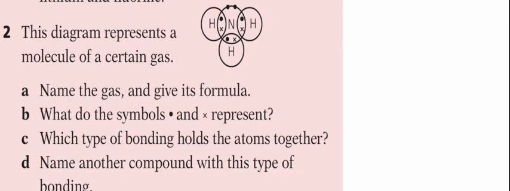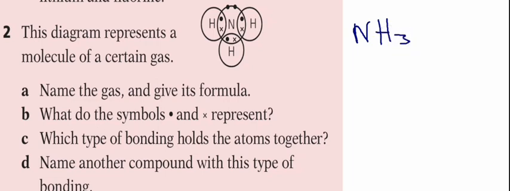The next question says, this diagram represents a molecule of a certain gas. So we have the diagram of this molecule. It has one nitrogen atom, so we can say N. Then 3 hydrogen atoms, this one and also this one. So it is NH3.